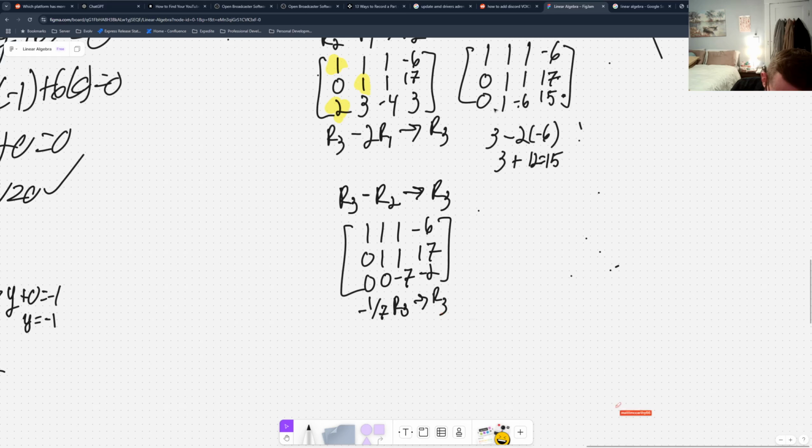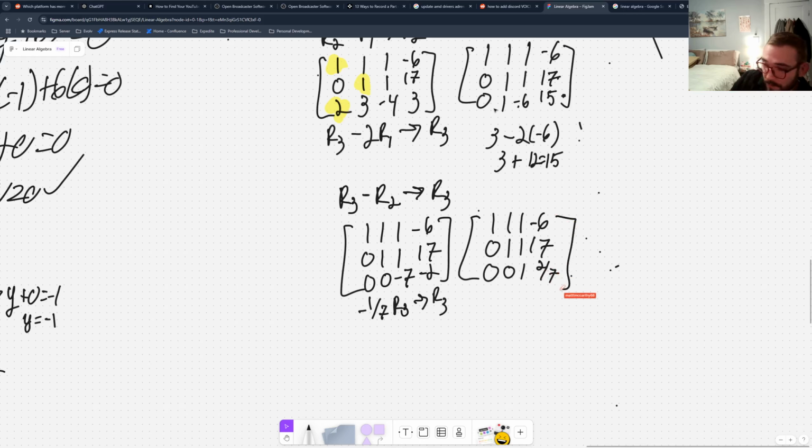And then we would get negative 2 divided by negative 7 would be 2 over 7. Looks like it to me.